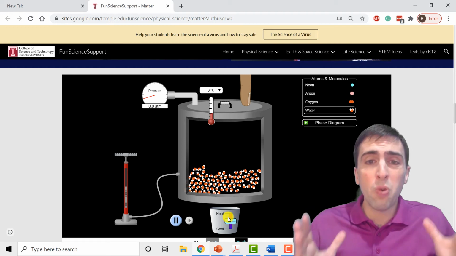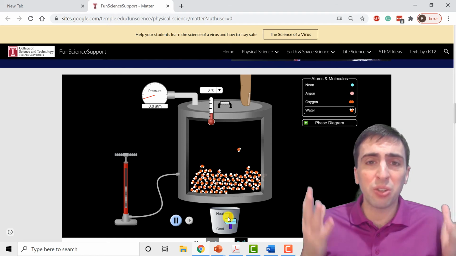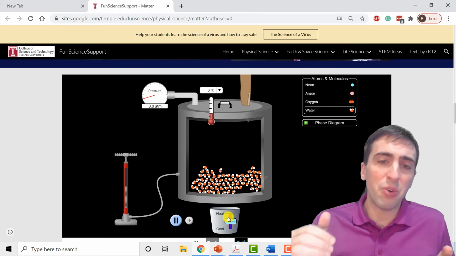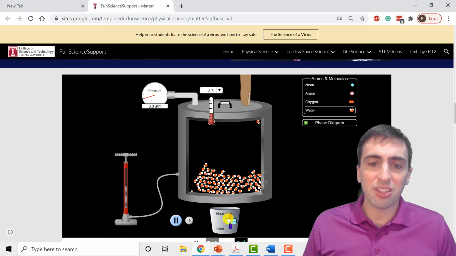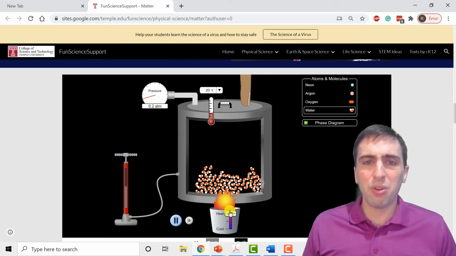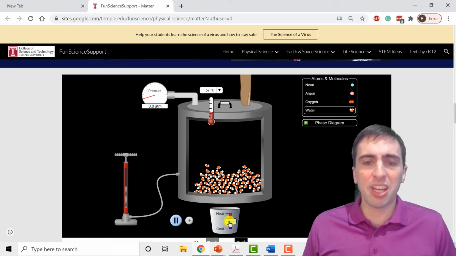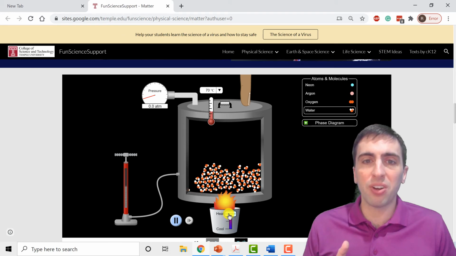Wow, this takes way more energy to get moving. Over 200 degrees Celsius more energy to get this water moving. Let's keep going. 57 degrees Celsius, still not a gas, but it's moving around more.